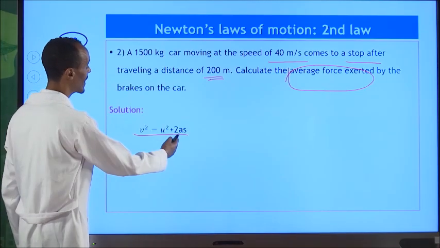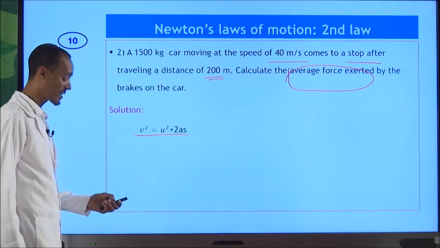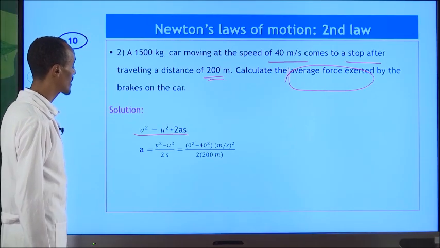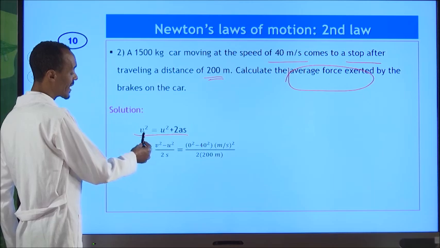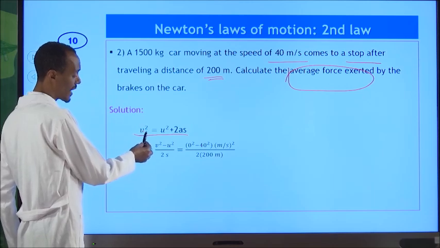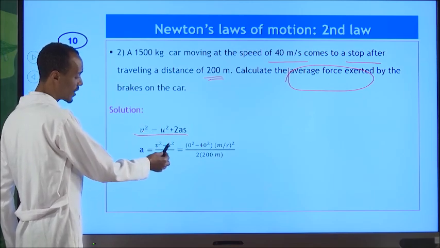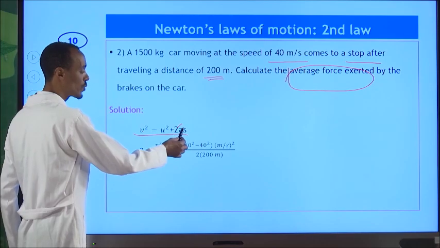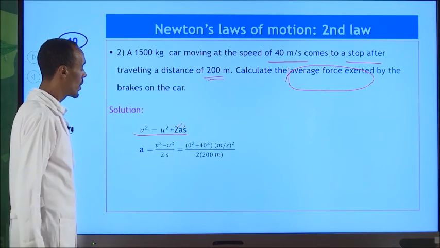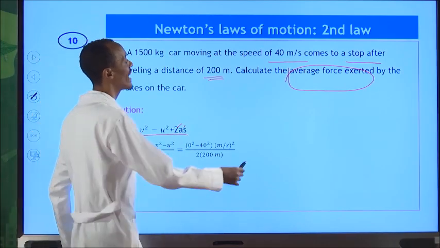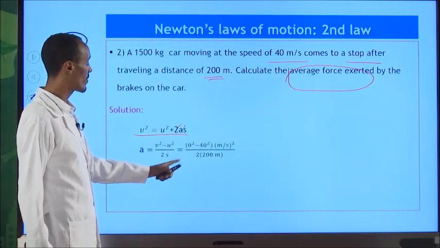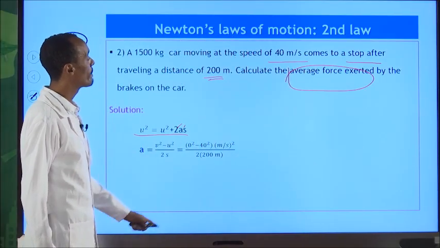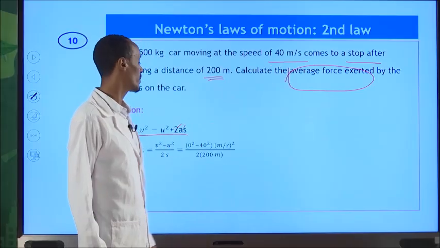So from this I can calculate the acceleration. Acceleration is v final squared minus v initial squared, divided by 2 times s. Because at the end the car stops, the final velocity is 0, but initially it is moving at 40 meters per second.